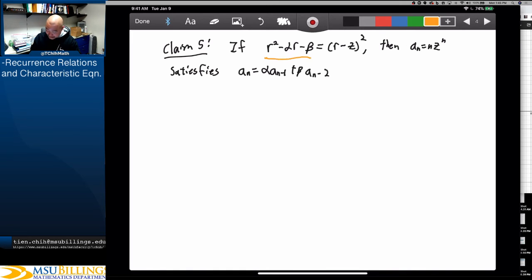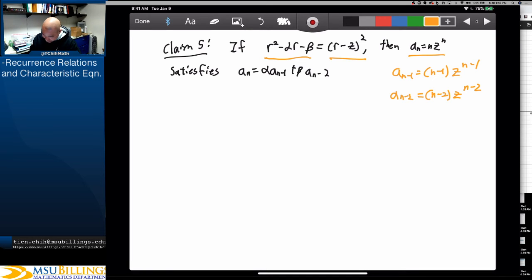What if the left-hand side of the characteristic equation could be factored into a single monomial squared? Then the claim is that n times that root to the n, in addition to z to the n, will be a solution. So we should note that a sub n minus 1 will be n minus 1 times z to the n minus 1, and a sub n minus 2 will be n minus 2 times z to the n minus 2.